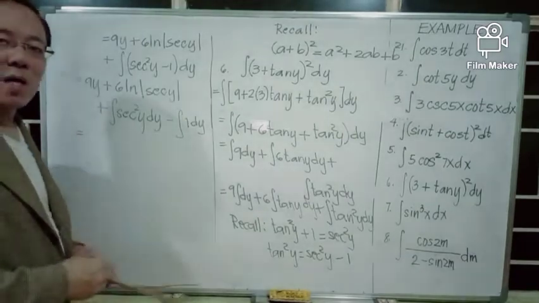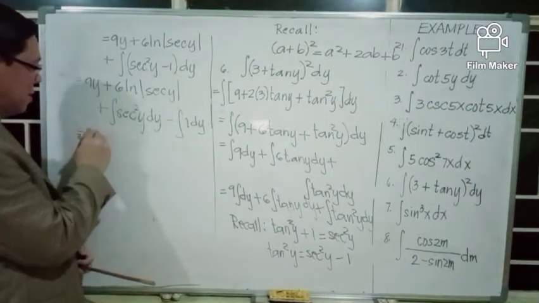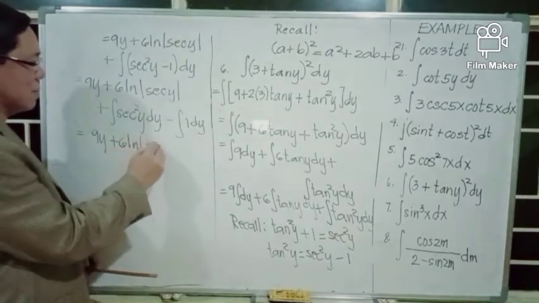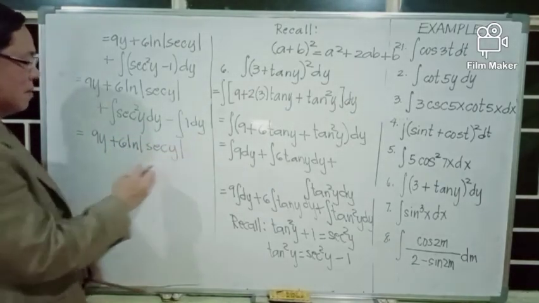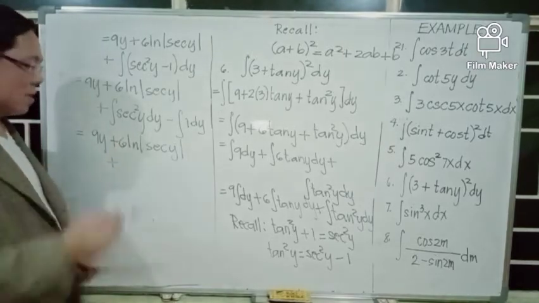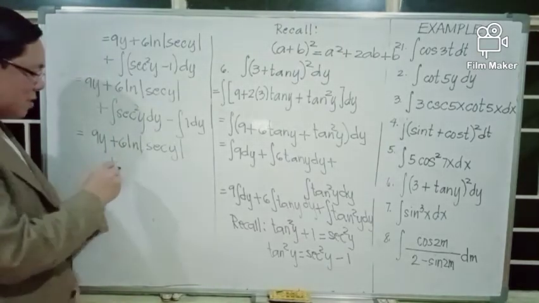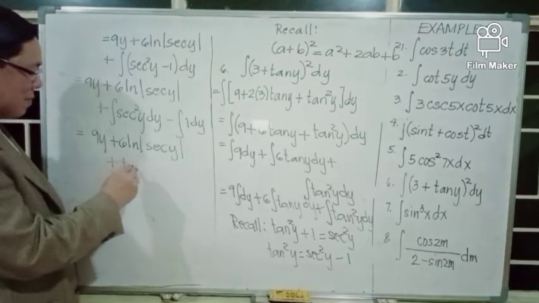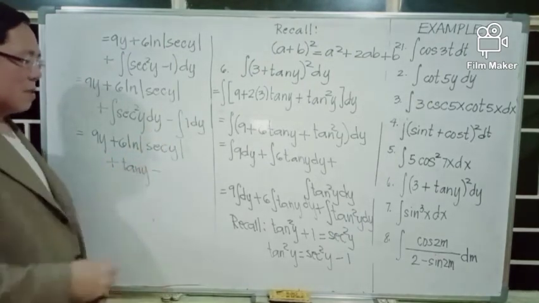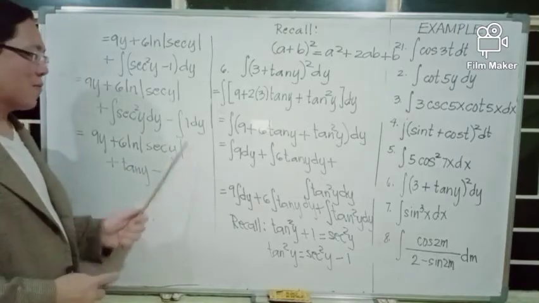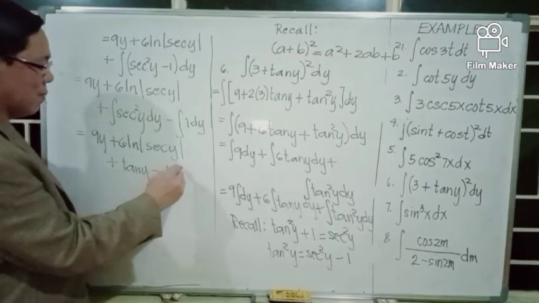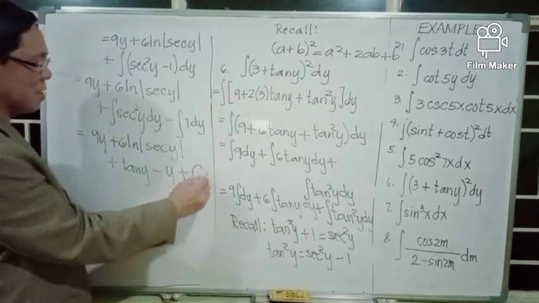We have 9y plus 6 ln of secant y plus the integral of secant squared y with respect to y, which is tangent y, minus the integral of 1 dy, which is y, plus the constant of integration.